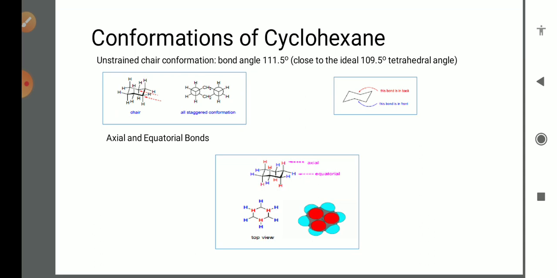So there is no calculation of how many types of conformation of cyclohexane exist. But mostly there are 4 or 5 types of conformations, according to rotation of the atoms at particular angles.